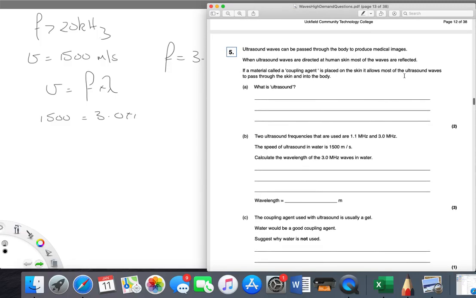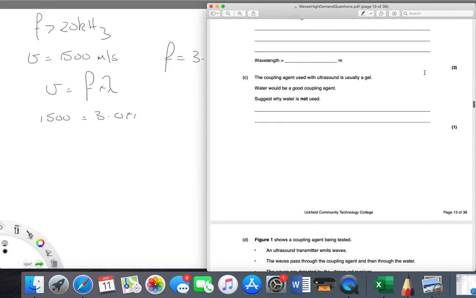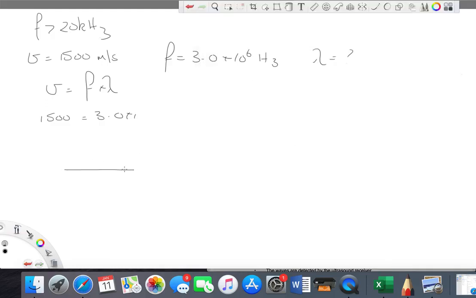It says here that a coupling agent is used to allow most of the ultrasound waves to pass through. Now, the point of the coupling agent, if you think about, you've got your surface and you've got your probe.